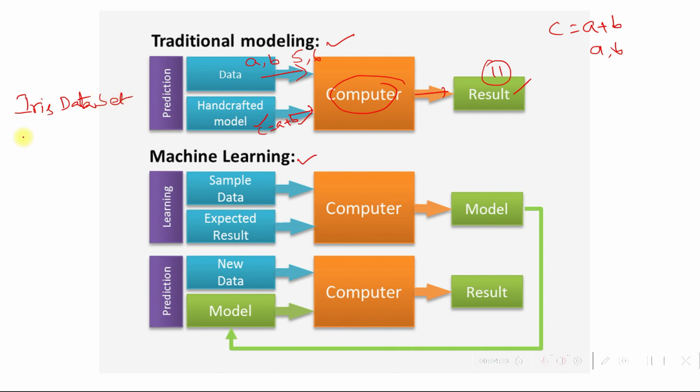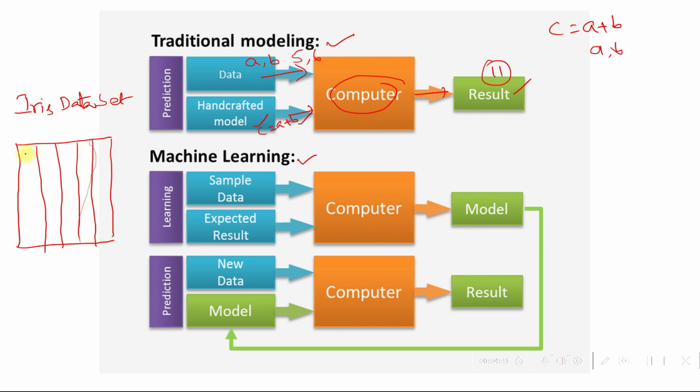It contains different features like sepal length, sepal width, petal length, and petal width, and the corresponding class label.